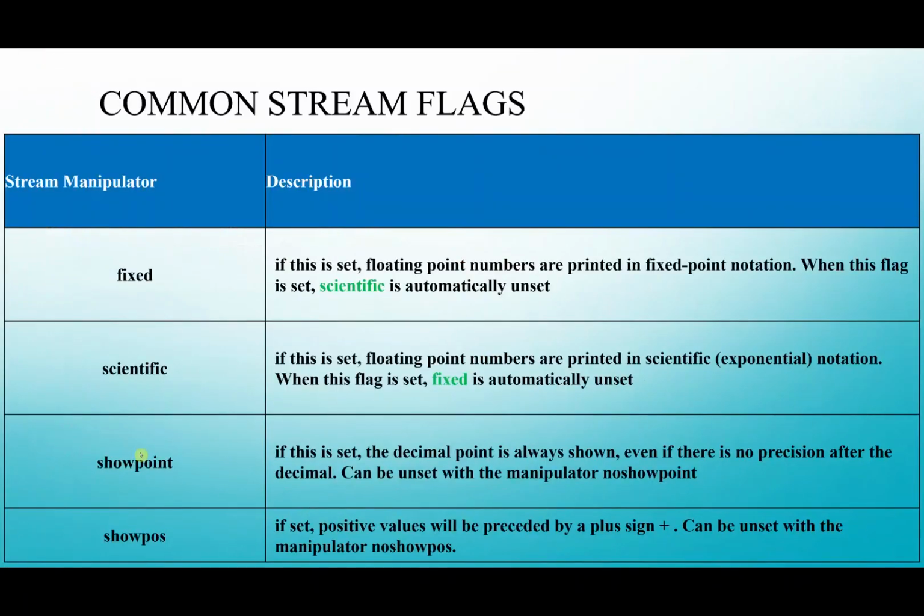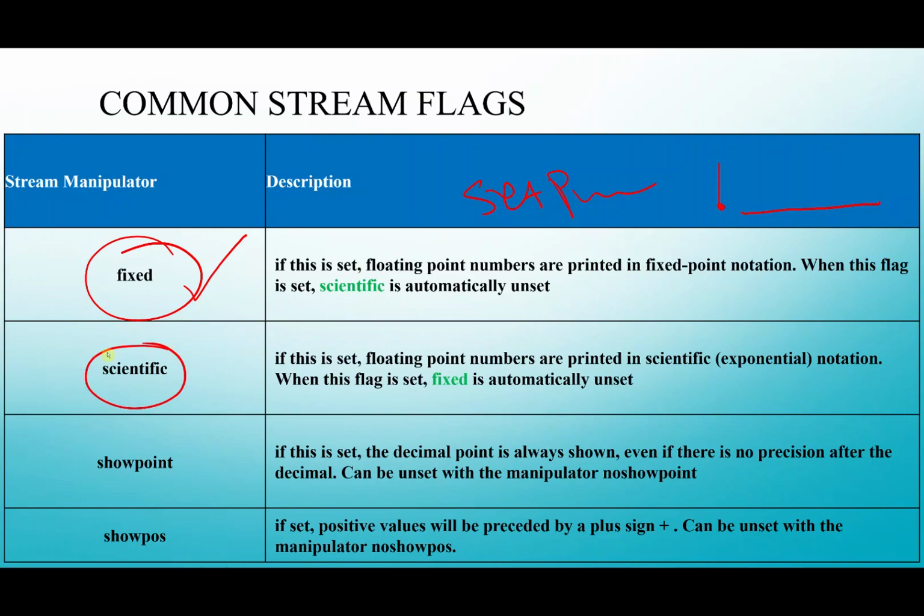Okay, here are some common stream flags. Fixed, which is the one I just said. Basically, if this is set, the floating point numbers are printed in fixed point notation, and you will get to see that in the next few slides. As I said, if this is set, then setPrecision is going to control the number of digits after the decimal point.